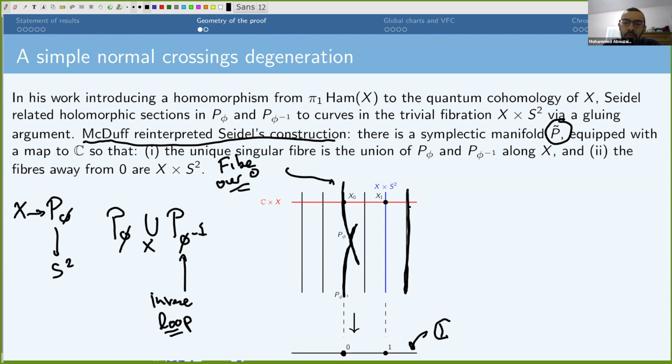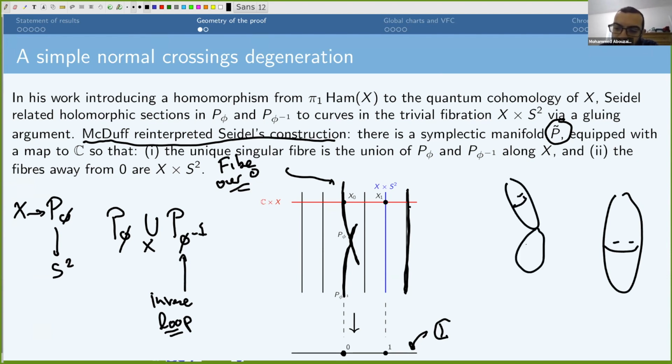It's difficult to draw in higher dimensions, but one picture you should have in mind, if you don't like algebraic geometry pictures, is that you could take S^2 and degenerate it to two copies by pinching the circle in the middle. That constructs a total space, which is an algebraic surface. It lives over the plane.